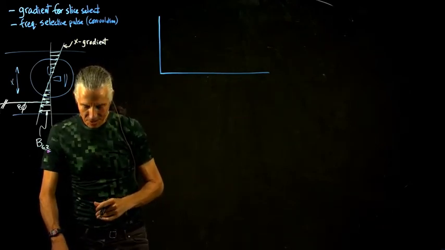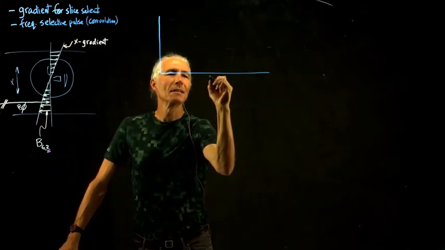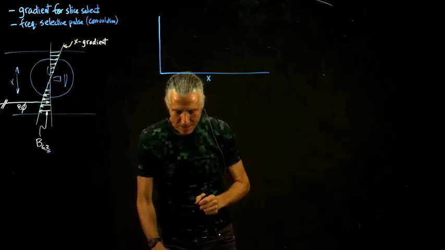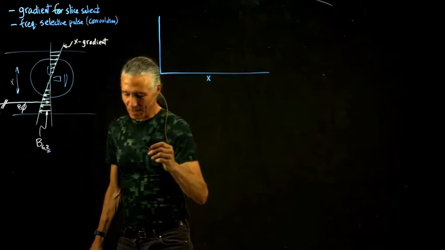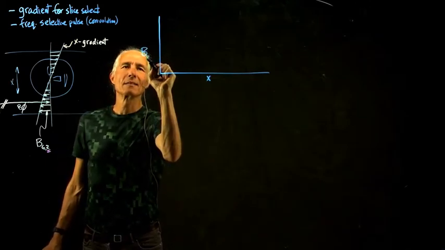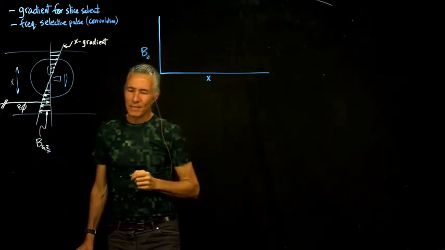Okay, but let's just call this x. In my notes, I think my notes have a z, but that could be x. So on this axis is the Bz.